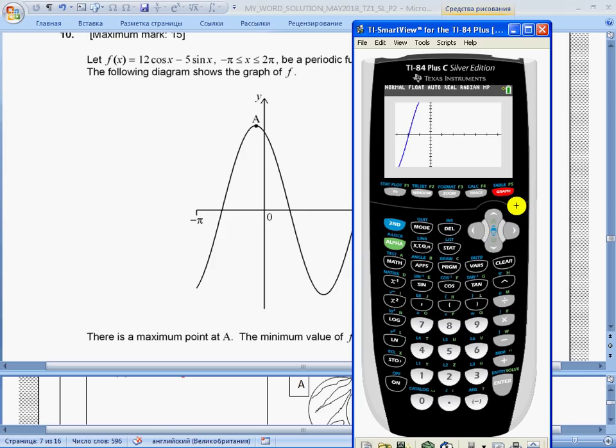Very good. Now we need zoom in, zoom out.